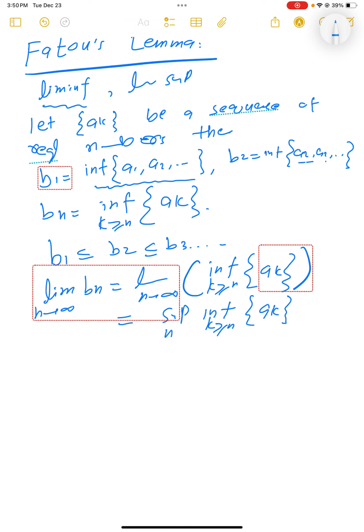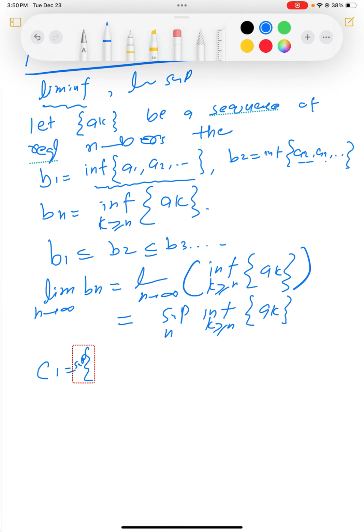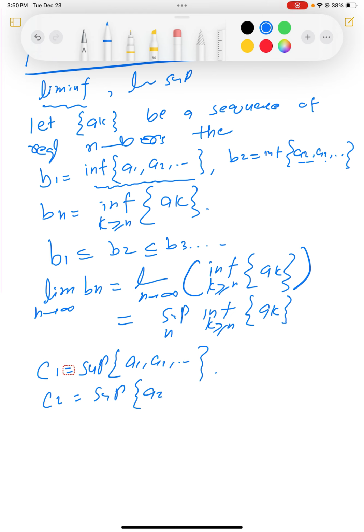Similarly, if I say C1, then I take the supremum now. Instead of the infimum, first we have any sequence, so C1 is the supremum of A1, A2 and so on, and C2 is the supremum of A2, A3 and so on. So Cn is the supremum of A_k for k greater than or equal to n.